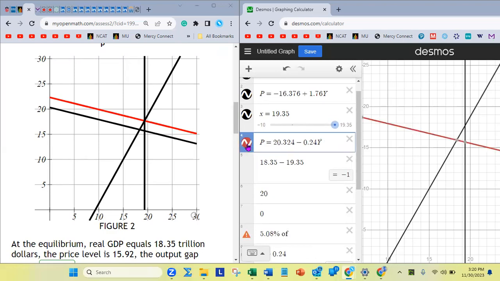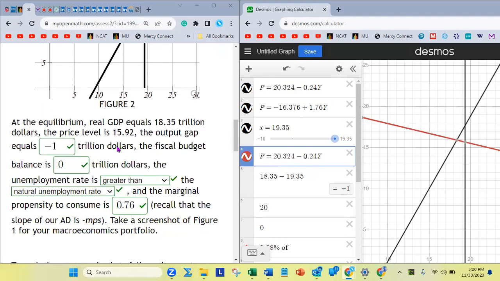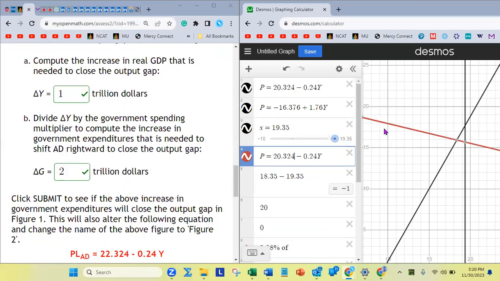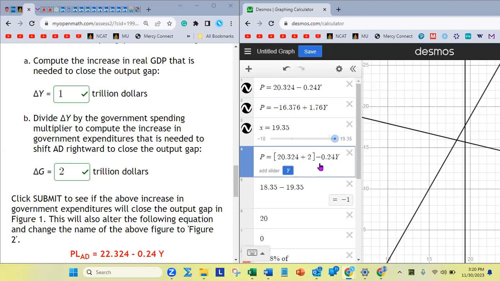I'm going to turn this on. Notice that it has the same intercept as the black one. What was our increase in government spending? Our increase in government spending was 2, right? So I'm adding 2 to the intercept here.